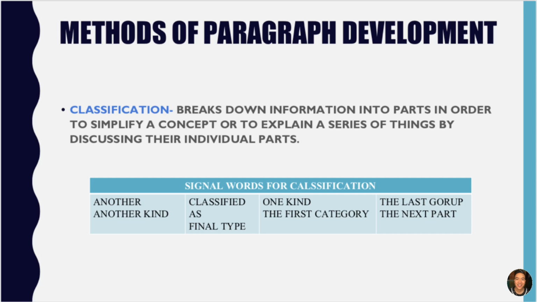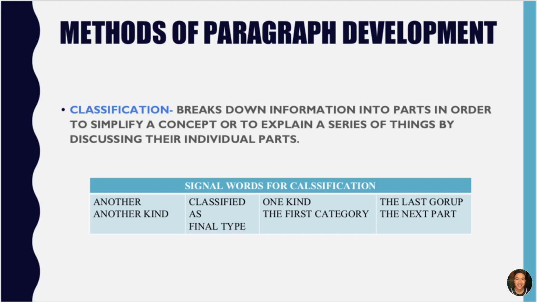So it can be used when classifying people, objects, events, things, places, and also other items. So make sure to always double check whether each term is undeniably part of a certain category.